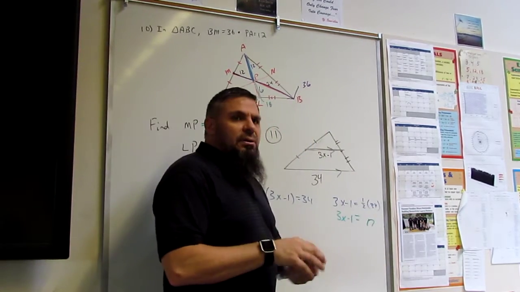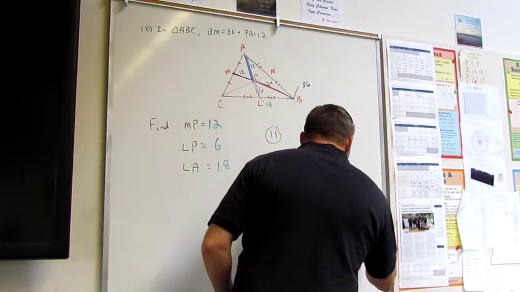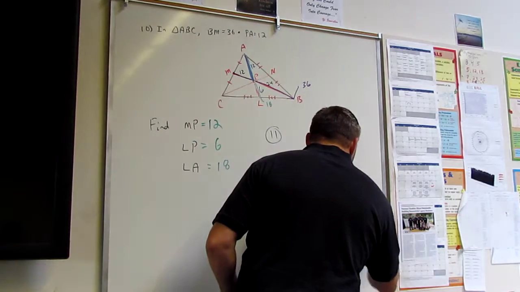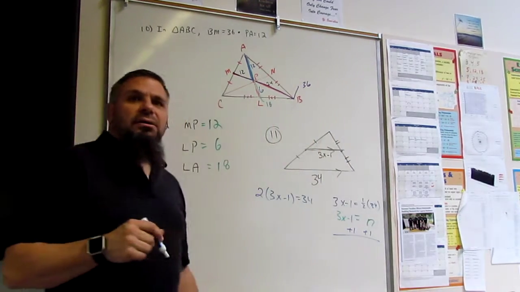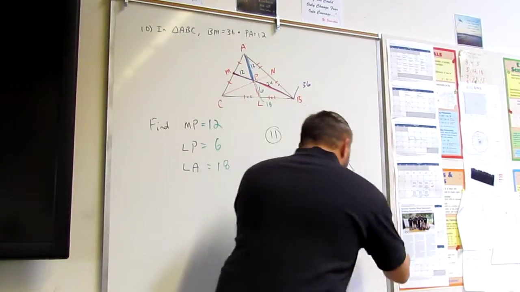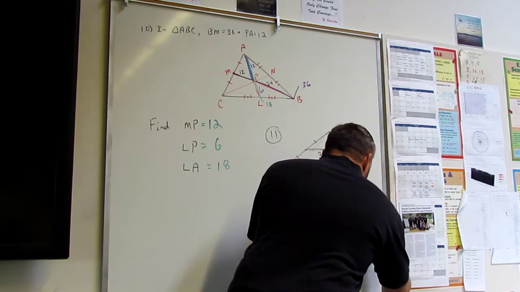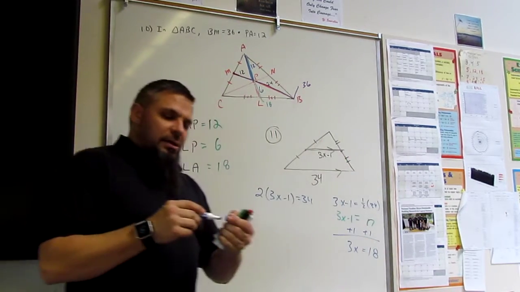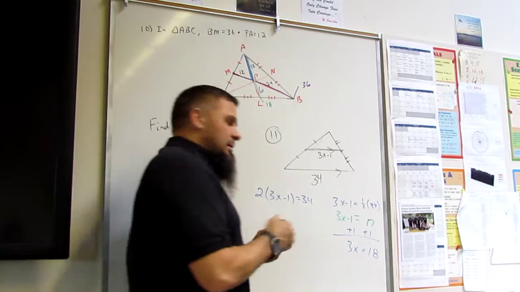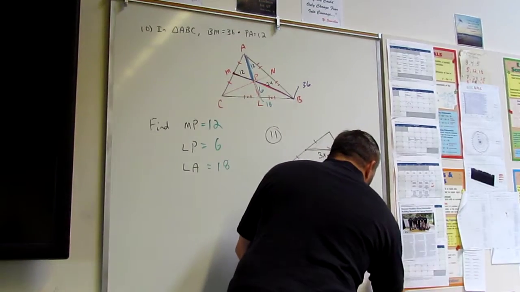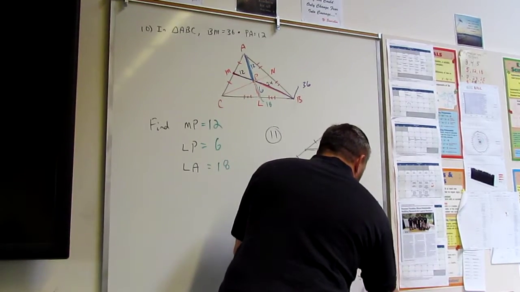What do I do? I know it's hard to hear because we're listening to Ashley think, but it's 3x is equal to 18. And then what is x? Divide by 3, divide by 3, and I get x is equal to 6.